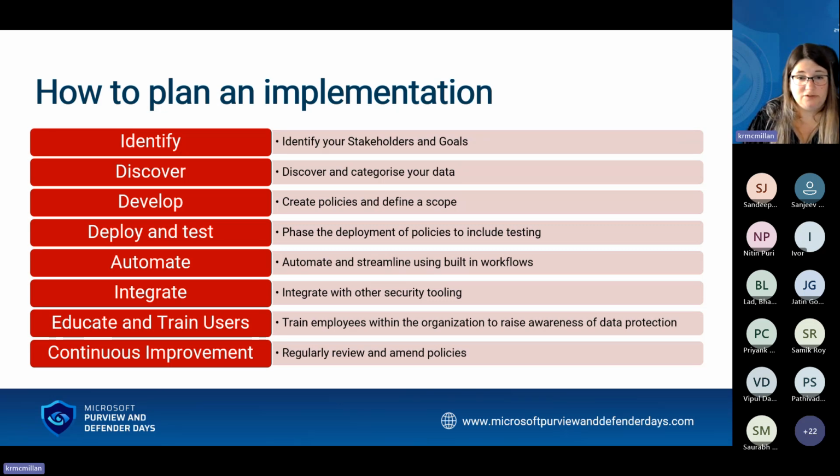So once you've developed your policies and your rules and defined that scope, you go into deployment and test phases. Now, I would always suggest from a deployment perspective that you run a phased approach where you're testing everything to begin with, because you never want to throw all of your policies in there, make a lot of noise, and then the tool's not going to be adopted because people don't want to go through difficulties and issues that haven't been tested along the line.